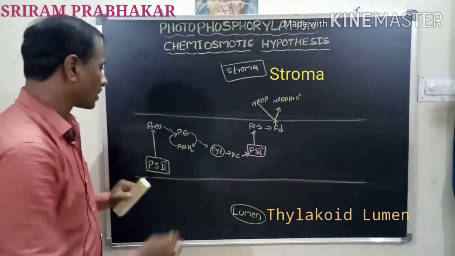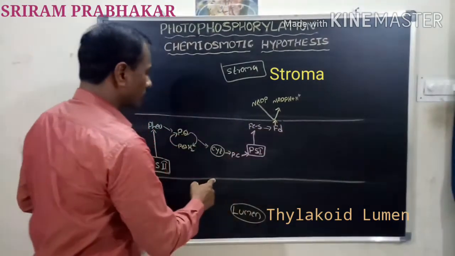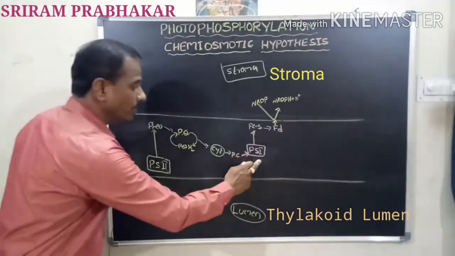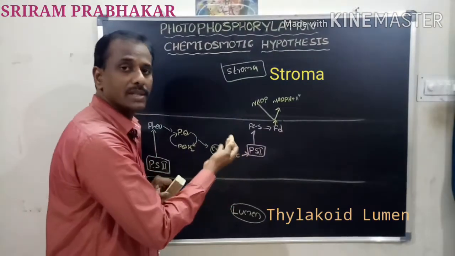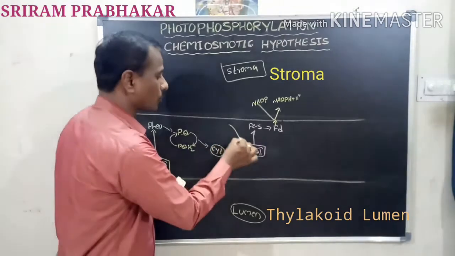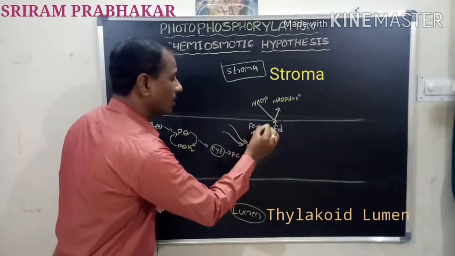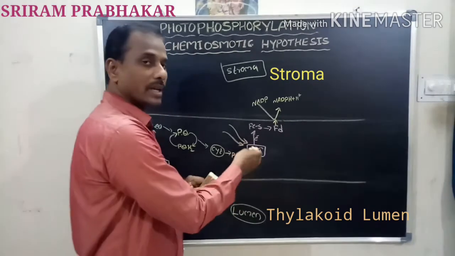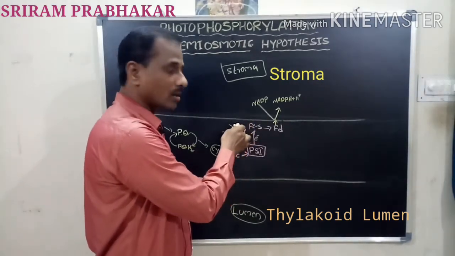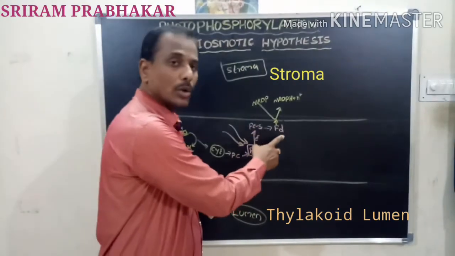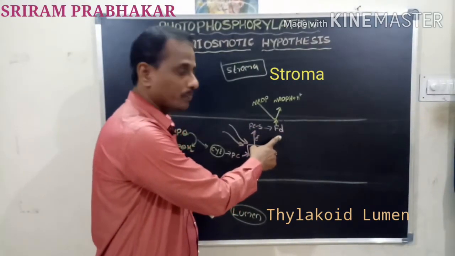See here, this is the thylakoid membrane. Two photosystems are located. This is PS1. When PS1 receives light, that means photons, it goes to the excited state and releases its electron. The electron goes to iron sulfur, then to ferredoxin.